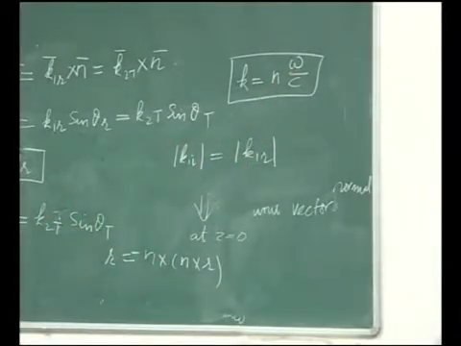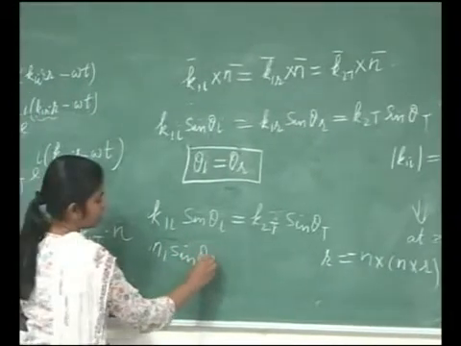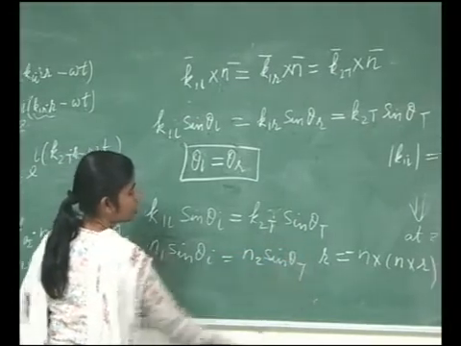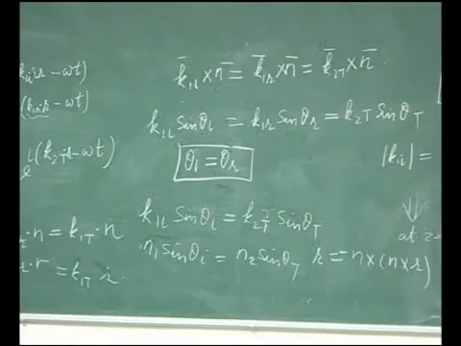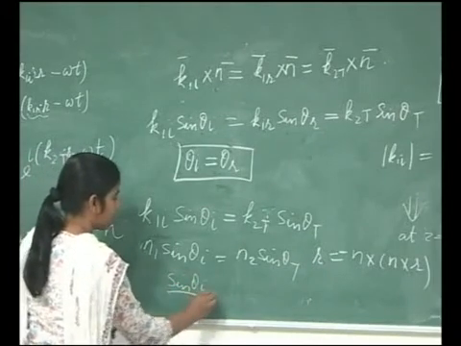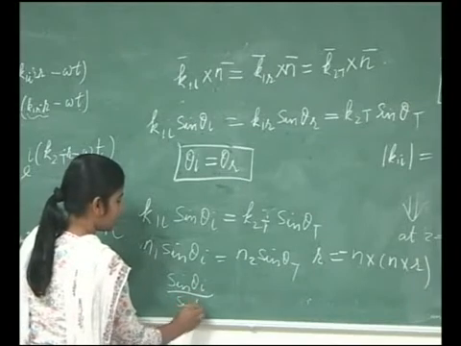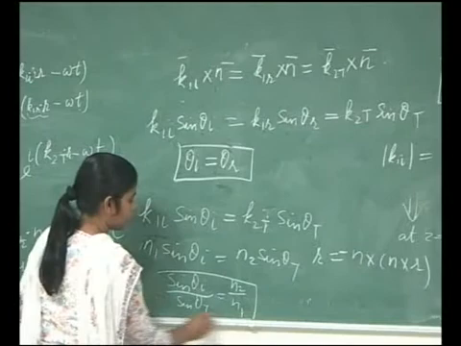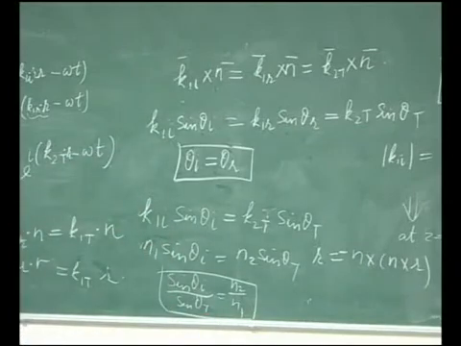So, from that relationship I can write n1 sin theta i is equal to n2 sin theta t, or sin theta i upon sin theta t is equal to n2 upon n1. This is your famous Snell's law. Is it okay?